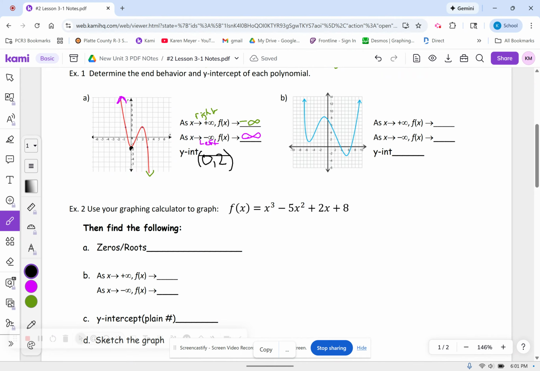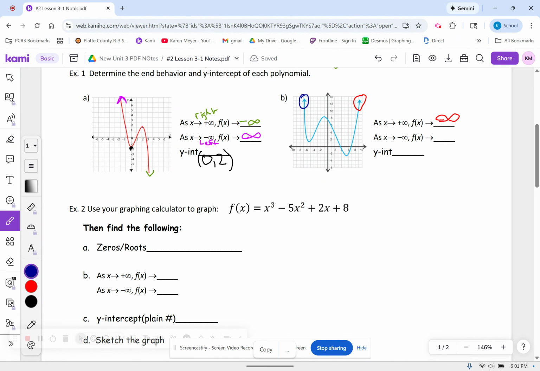Okay, on the second one, once again, x is positive, so that means right side. And if you look at the graph on the right side, you're going to notice that the arrow is going up, so that is positive infinity. And then x is going toward negative infinity, so that means left side.